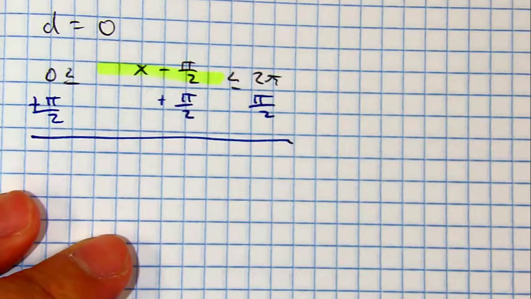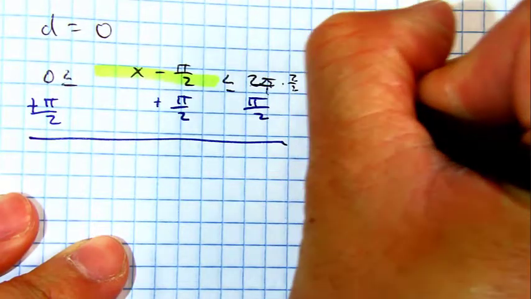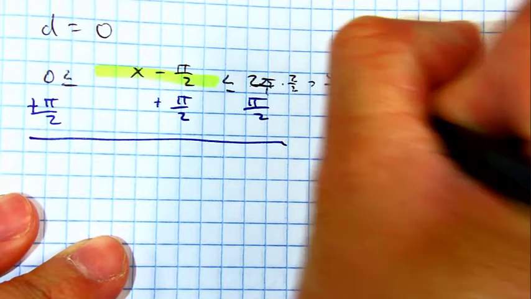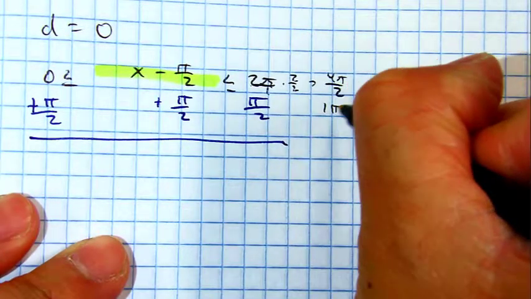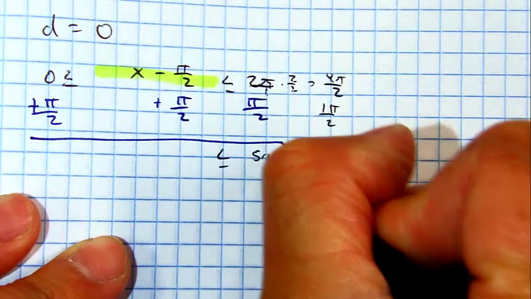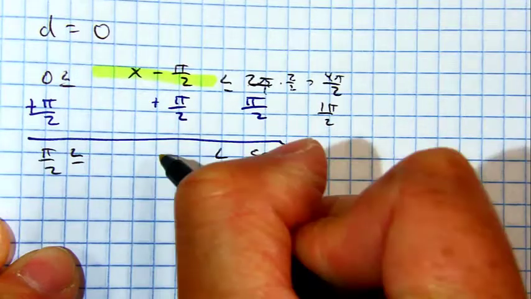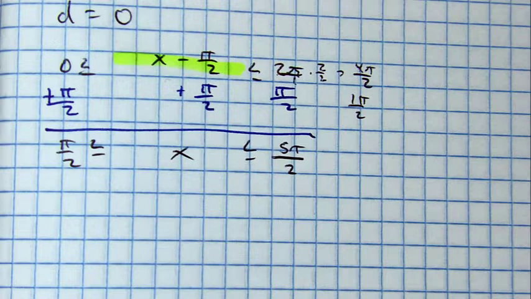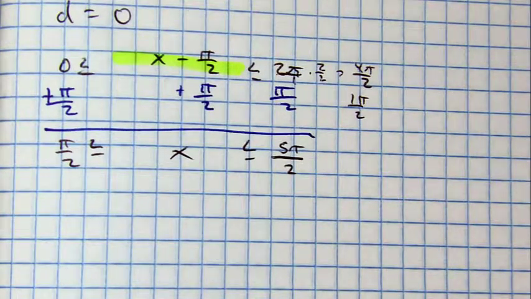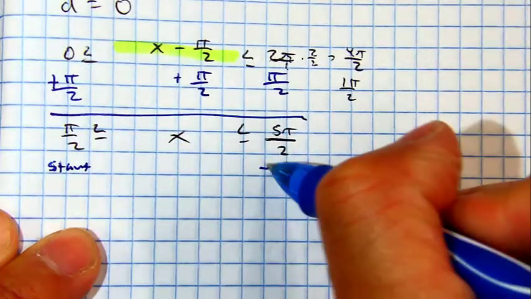Yes? 2 pi over 1 times 2 is 4 pi over 2. Plus 1 pi over 2 gives me 4 plus 1 is 5 pi over 2. Raise your hand if you got that. So this will be my start on my graph, and this will be the end.